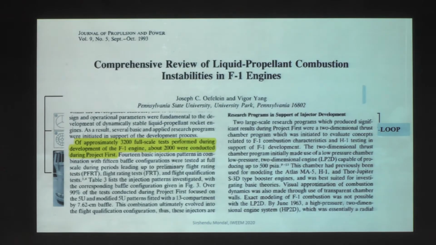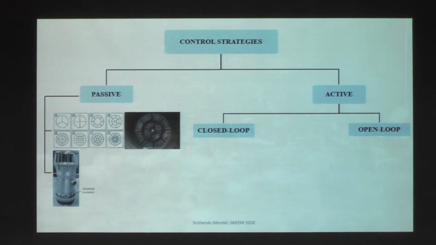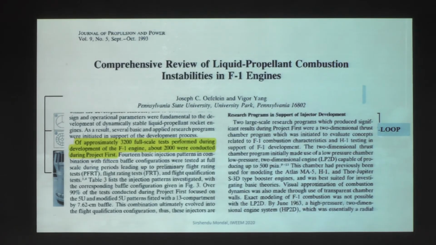However, passive strategies are a kind of trial and error method, so you have to try a lot of different designs. One example is the F1 engine for the moon mission, which had to go through more than 2000 full scale tests before the actual injector baffle configuration could be finalized.